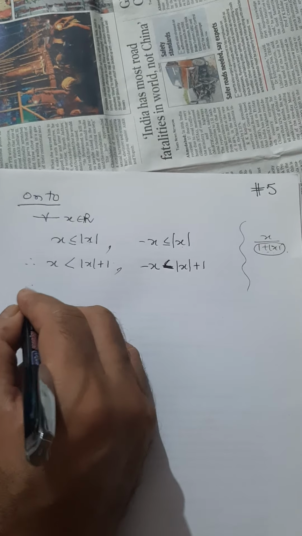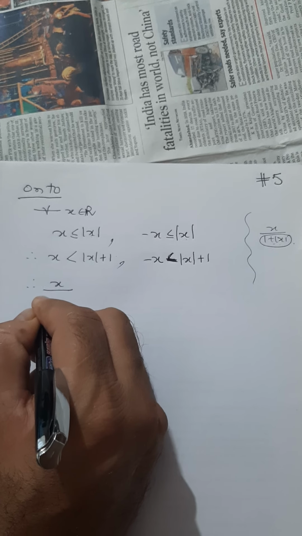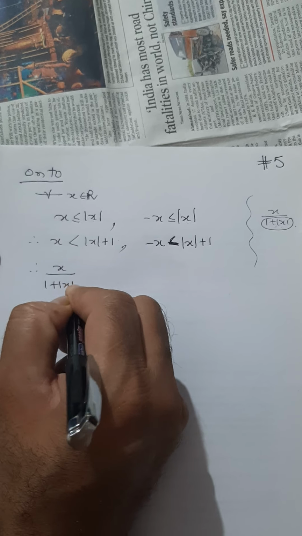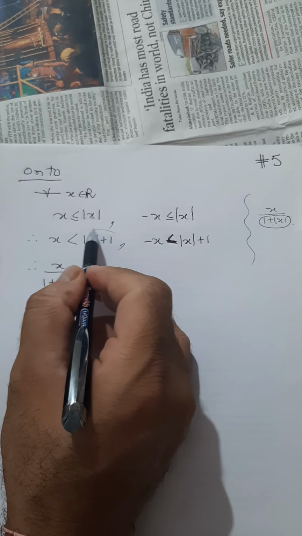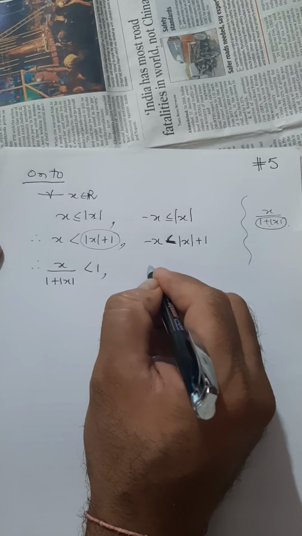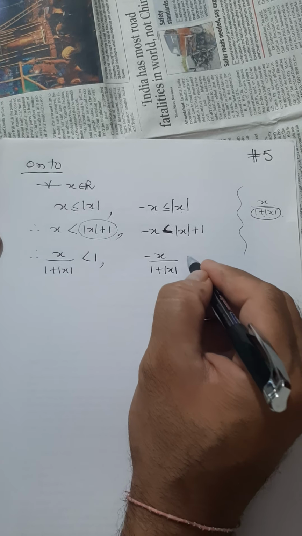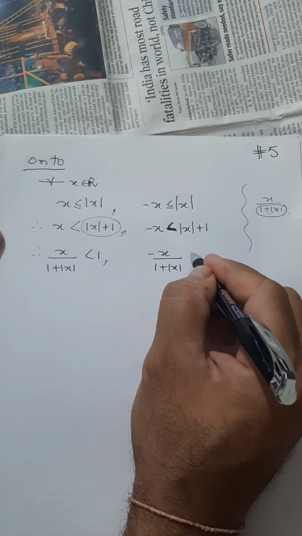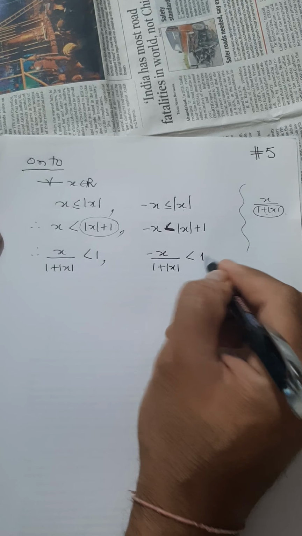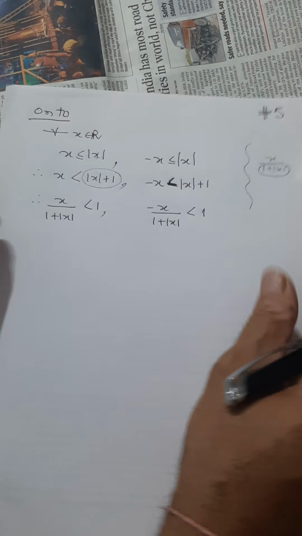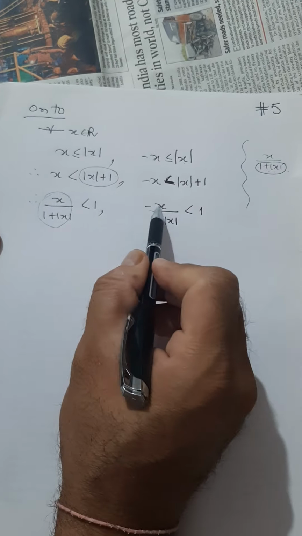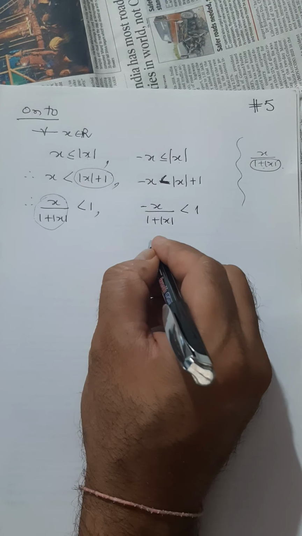I need this in the denominator. So taking this in the denominator, x upon 1 plus modulus x is less than 1, and minus x upon 1 plus modulus x is again less than 1. Now I need this much only, so I will multiply with a minus sign here.